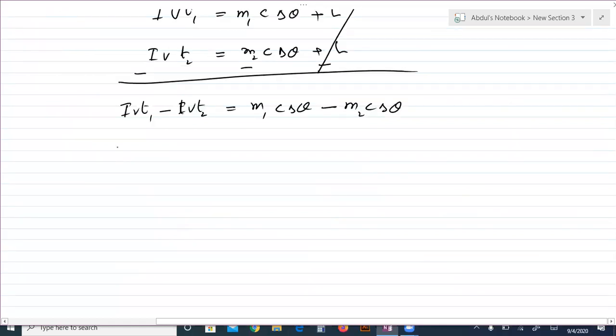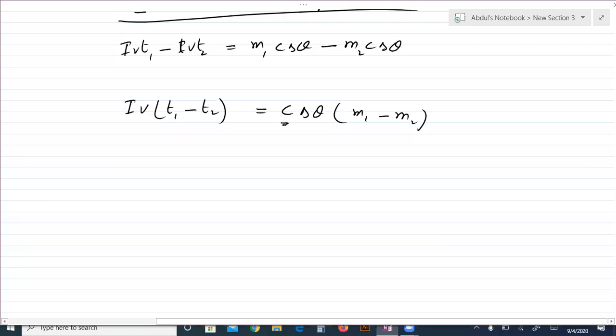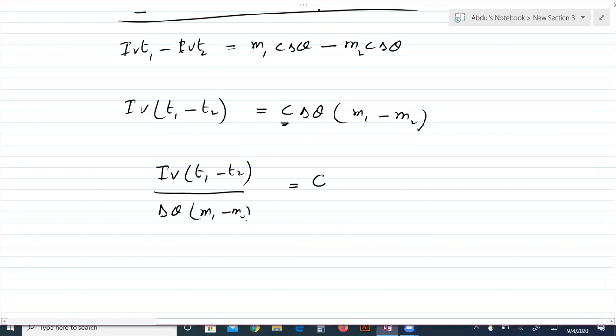So it can be written as I V common, T1 minus T2, equals c delta theta common, M1 minus M2. So the specific heat capacity c will be equal to I V (T1 minus T2) divided by delta theta (M1 minus M2).